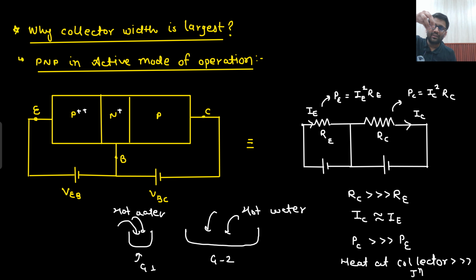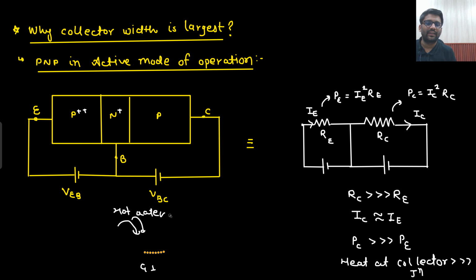Because if you put something which is generating heat in a smaller surface area versus a larger surface area, in the larger surface area it will cool down easily. Whatever power is generated, some heat will also be generated because of it, and I want that heat to be cooled down fast. That's why the surface area of the collector junction would be more than the emitter, and surely more than the base as well.